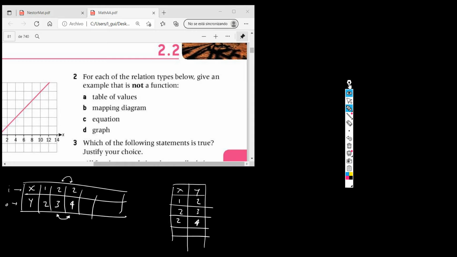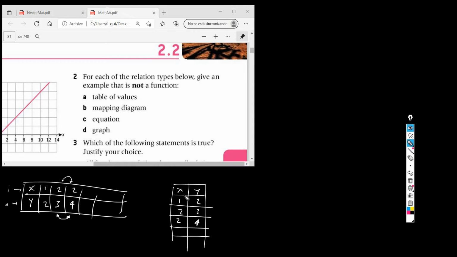As a mapping diagram, okay, actually I'm going to play with this idea as well. So if I draw these two sets, the set of the inputs and the set of the outputs, all my inputs live in here as dots, all my outputs live in here as dots, and maybe this is going to happen.